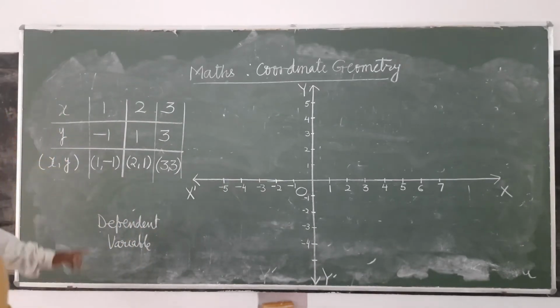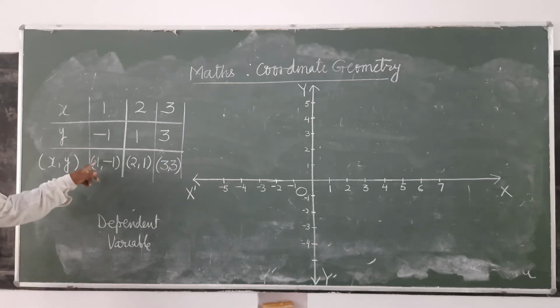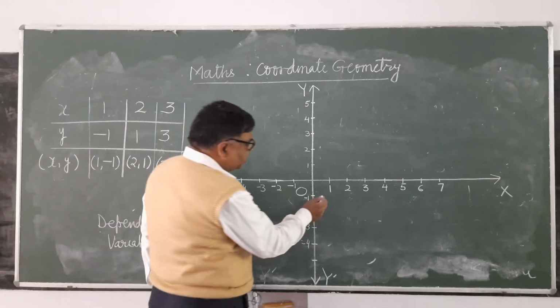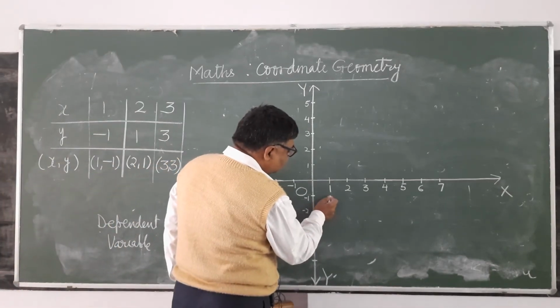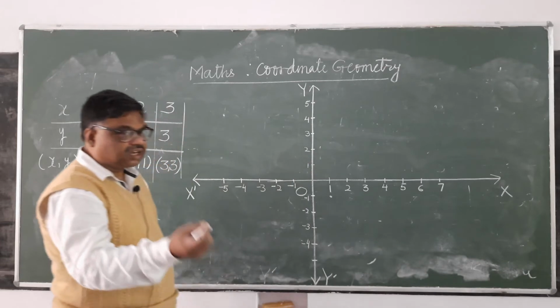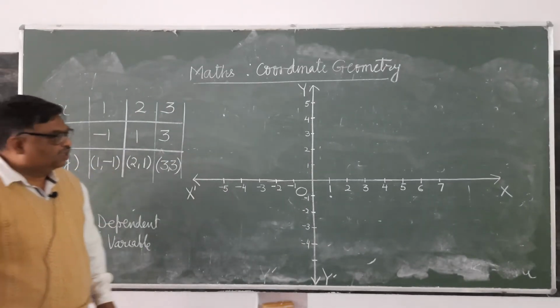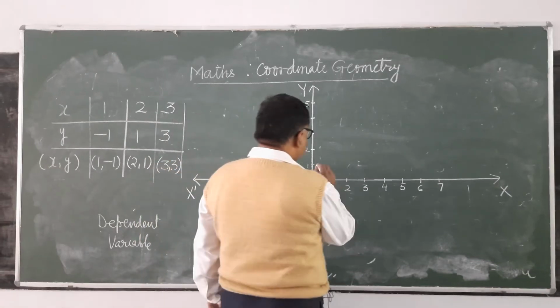Now you plot the point 1 comma minus 1. Where will this point be? 1 comma minus 1: in front of 1 on x and in front of minus 1 on y, means it will be here. You can plot on the graph paper very exactly. 2 comma 1, it will be somewhere here.